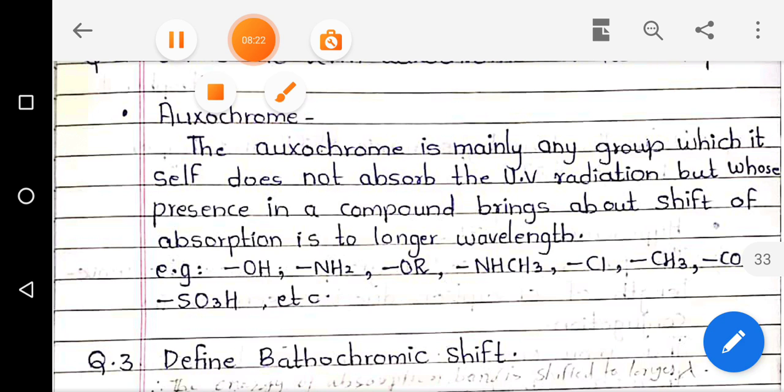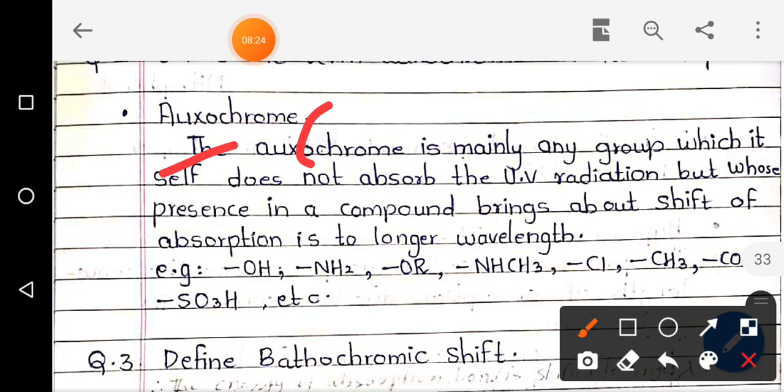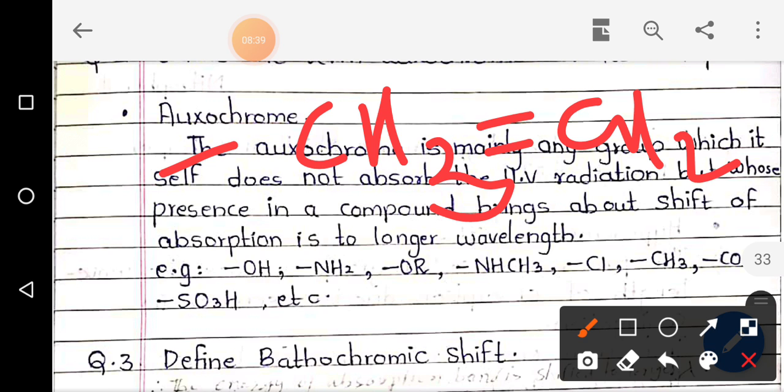Again, the next structure is CH3, which can involve 1 bond pair to form CH2. CH3 does not have a lone pair of electrons, but it becomes CH2 after involvement of the 1 bond pair of electrons.